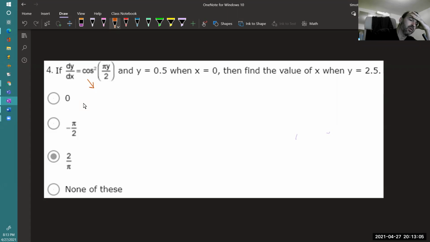What I'm doing is I'm multiplying by 1 over cosine squared of pi y over 2. Hopefully that's not too small. Maybe I'll erase that and make it a little bigger. Pi y over 2. There we go.